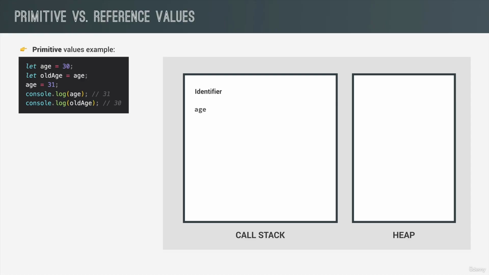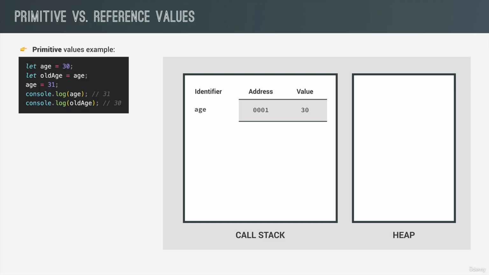Then a piece of memory will be allocated with a certain address, so 0001 in this example, and finally the value will be stored in memory at the specified address. So in this case, the value 30 will be specified at memory address 0001. And remember, this all happens in the call stack where primitive values are stored.